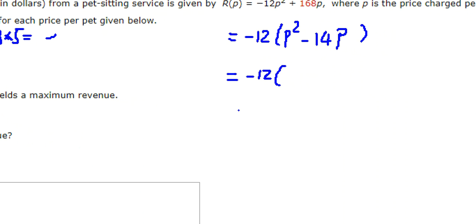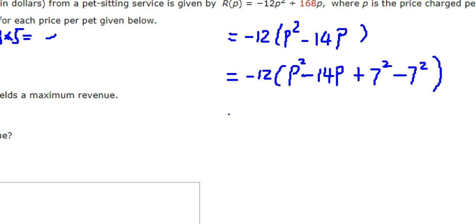P squared minus 14p, and you need to determine the b, so divide 14 by 2, which is 7, squared. When you add 7 squared, you have to subtract 7 squared. So you get negative 12 times p minus 7 squared.